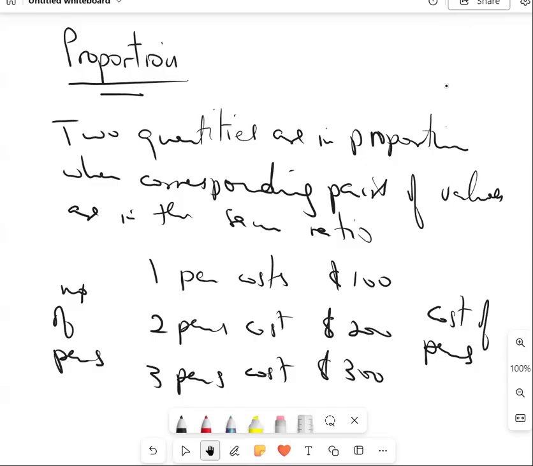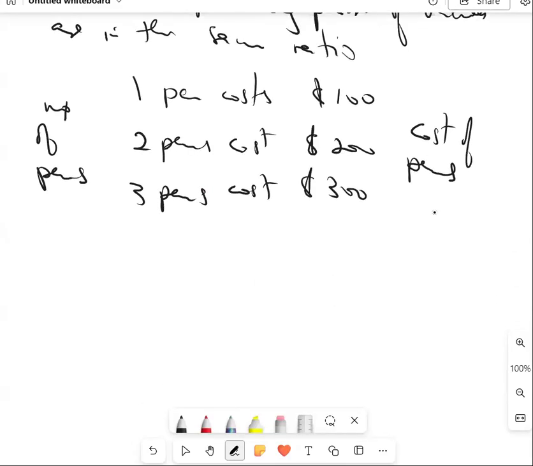So if you were to look at these numbers, 1, 2, 3, 100, 200, 300, do you see that there's some kind of similar ratios going on? Let me take one of them. Let's take 1 pen to 2 pens. Isn't it true that you see 100 to 200? The ratio is similar.